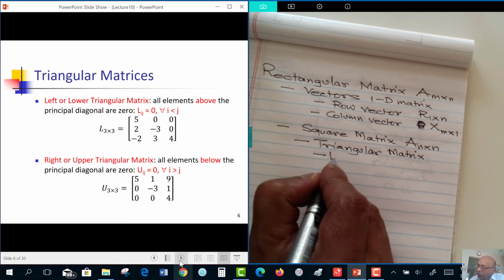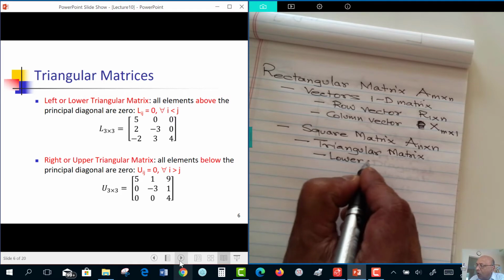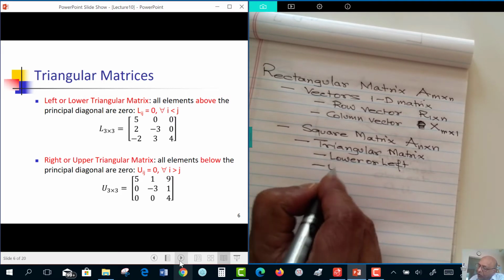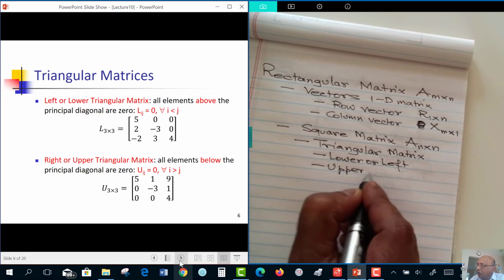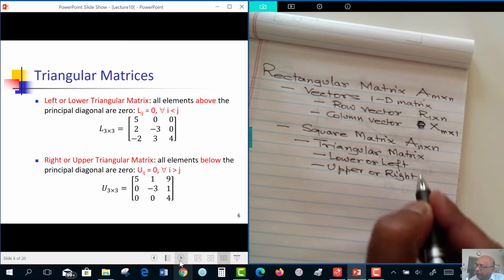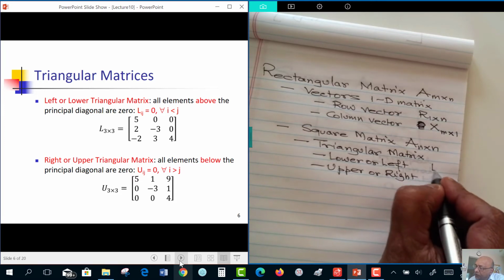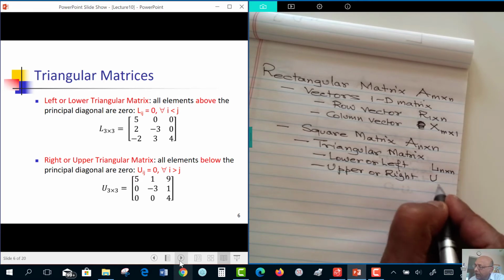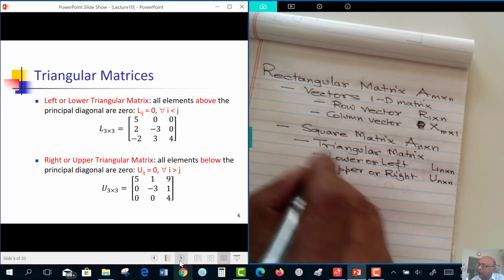One is called lower or left triangular, and the other is called upper or right triangular. So typically we use L and U for it. Remember, they are all special cases of square matrices.